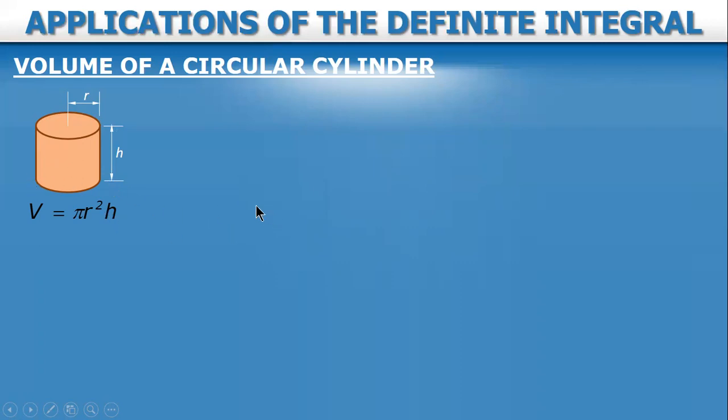For a circular disc, that would be differential volume dV, because we are considering only one circular disc. Our height will be dh also. We cannot change r because r is constant all throughout. From top to bottom, the base radius is constant.